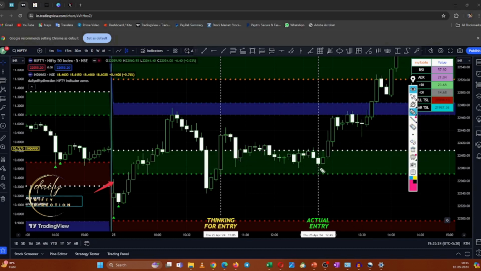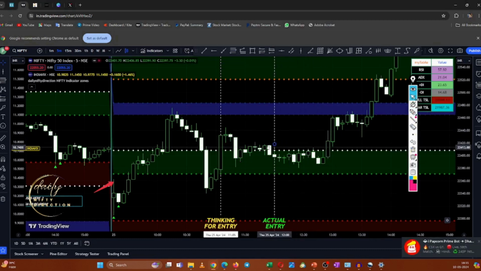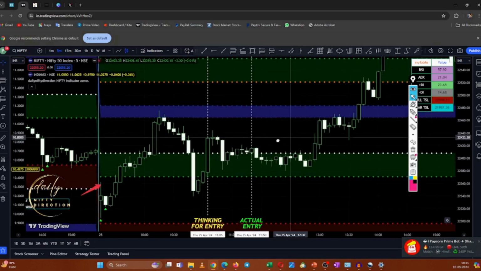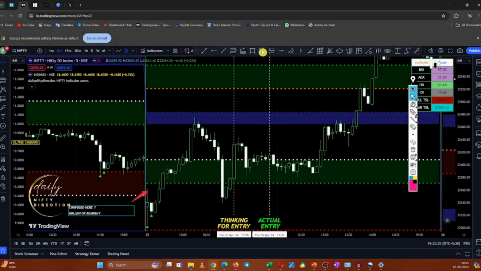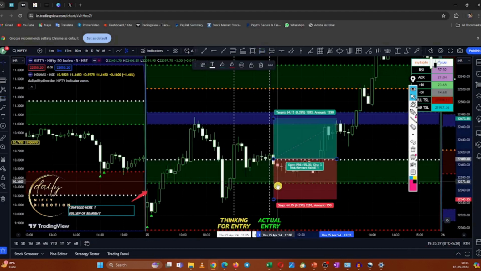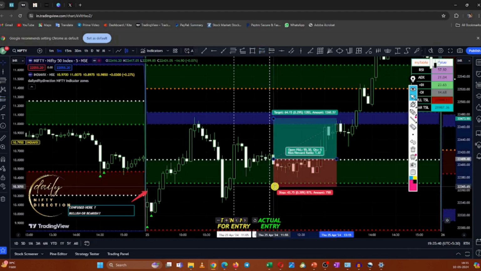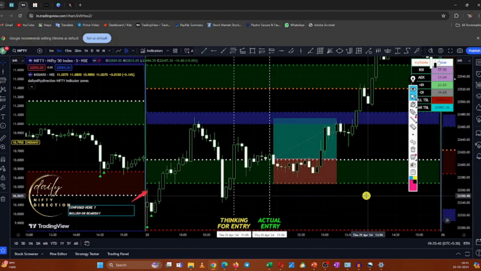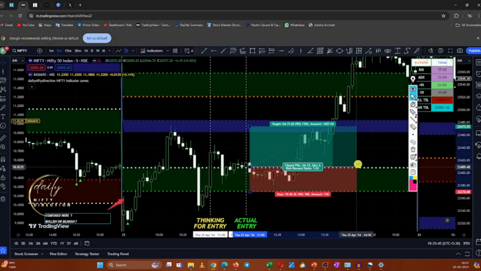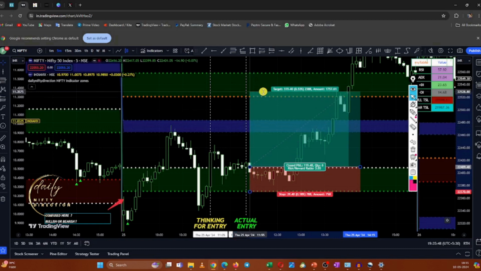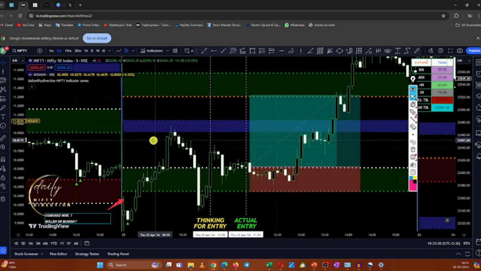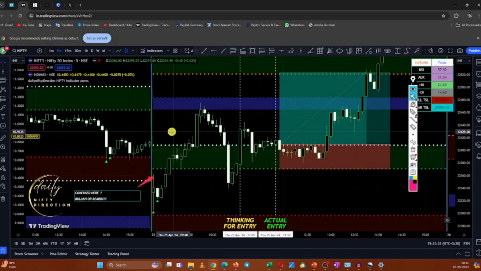So now you can take your entry at the touch of the line, with your stop loss. This would be the best method to avoid your SL hit scenario. This is the best way to protect your SL.